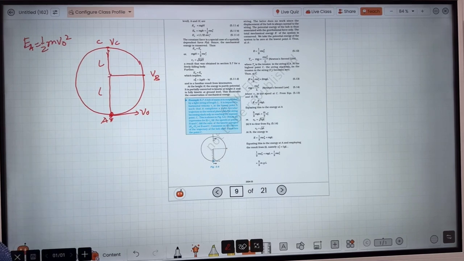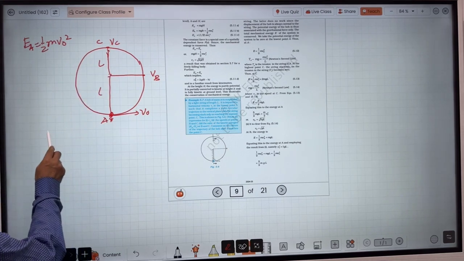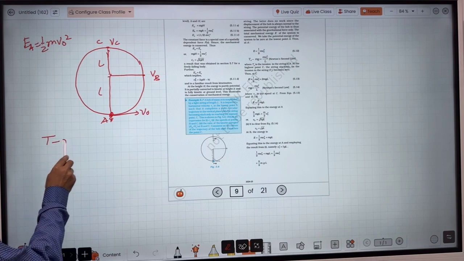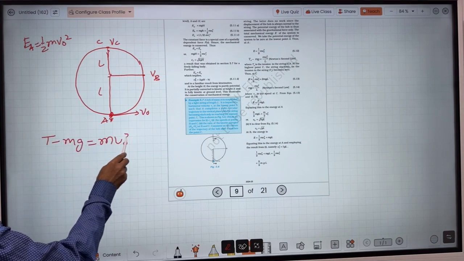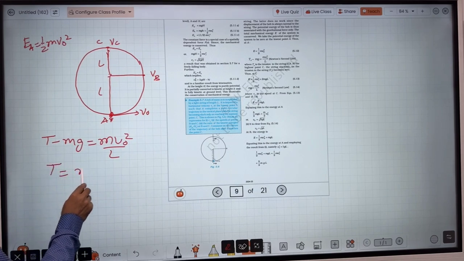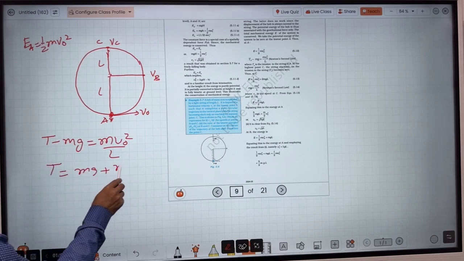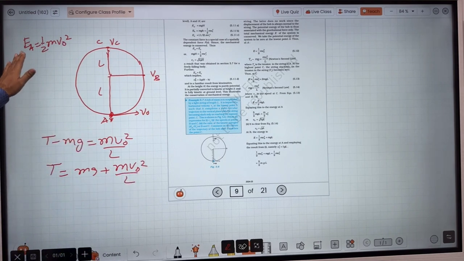Net force will act towards the center, so T minus mg must be equal to m v0 square divided by L, or tension will be equal to mg plus m v0 square upon L. We have calculated the energy at this level, and we have found the tension at this level.